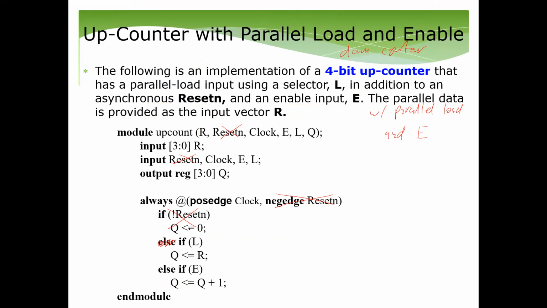Now I have a parallel load, so when I go into the code, I'll check if I'm loading. If I'm loading, make Q take on the value of R. Else, check for enable because I asked for enable. If E is equal to 1, I want to count down. So change this value to Q minus 1.